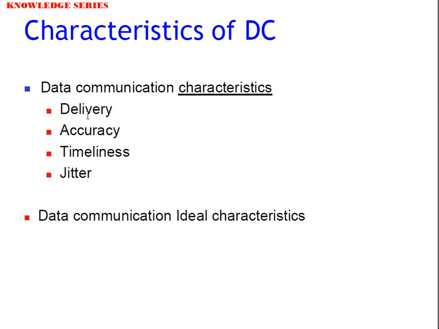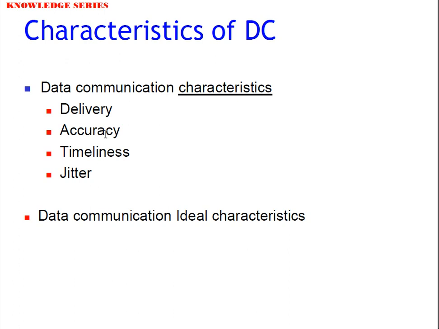We want a very reliable delivery. A system must deliver the data in a correct way, or in the correct order, to the appropriate destination. That means if a device is sending a message, it should not go to some other destination. So a reliable delivery should be there. That is what we mean by delivery.